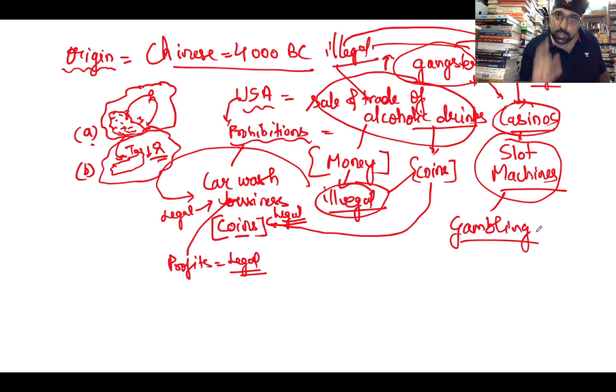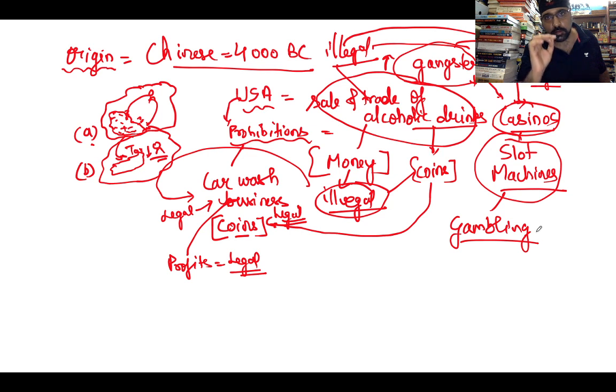But we still never got the term, even by then. What was happening at that time was that the illegal money was being channelized and put into legal sources. But we still did not get the term. The term came a little later.